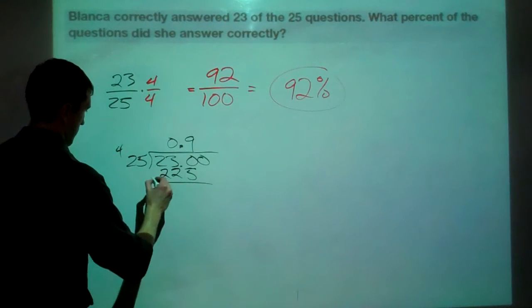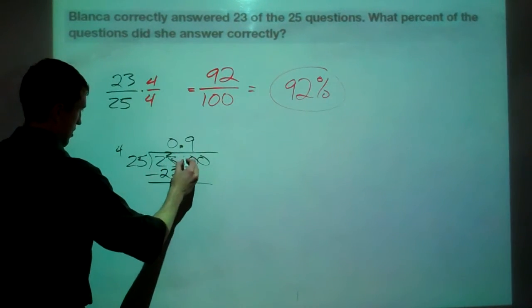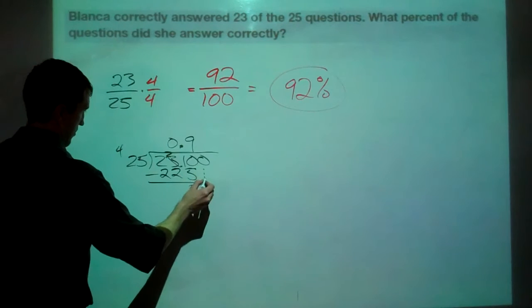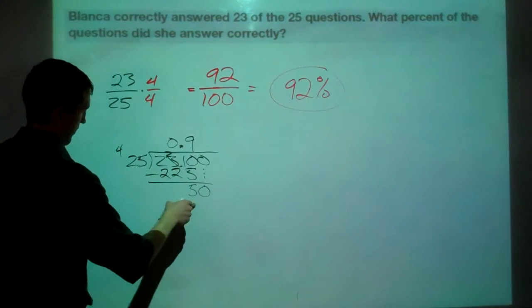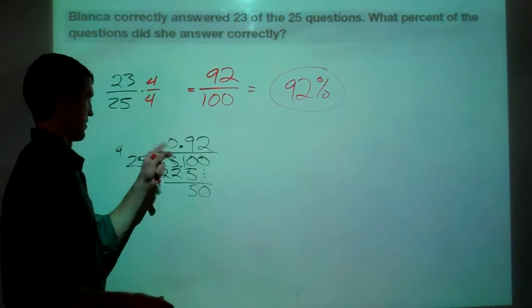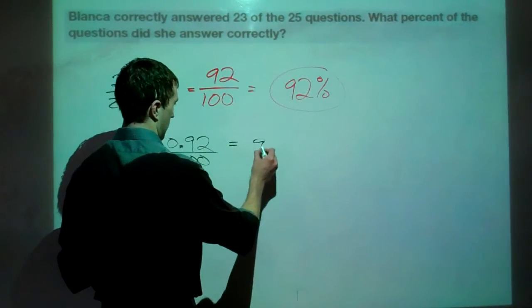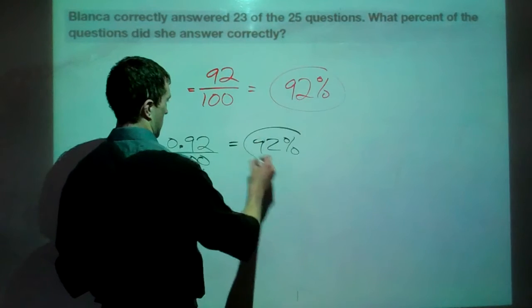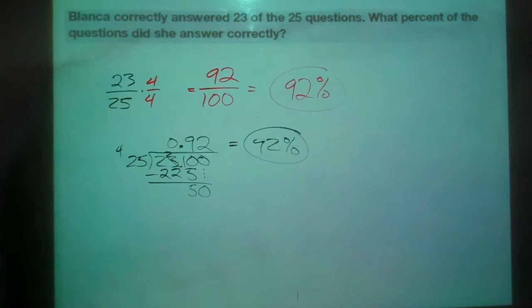Do our subtraction. 5, drop down this 0, 50, 25 goes into 50 twice. So we get 0.92. This decimal is equal to 92%. So we get the same answer that way.